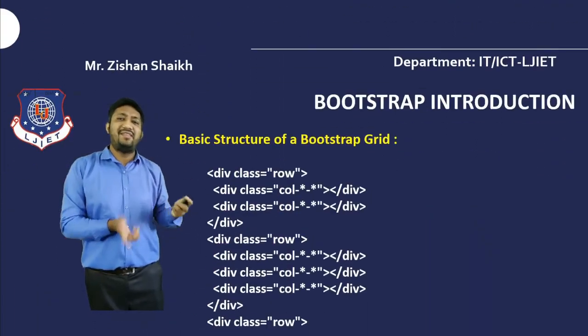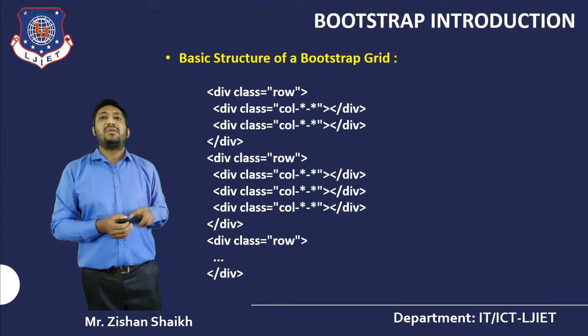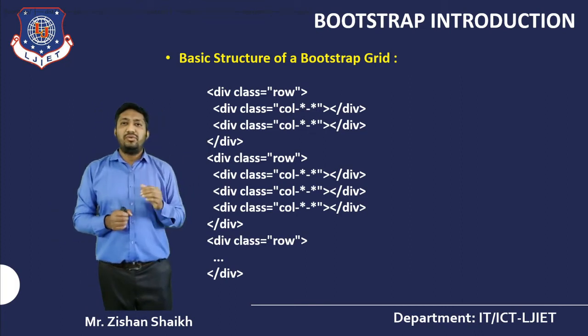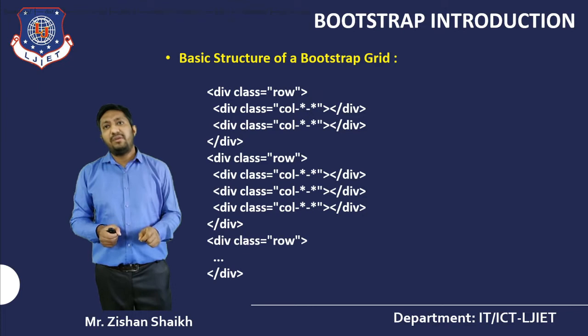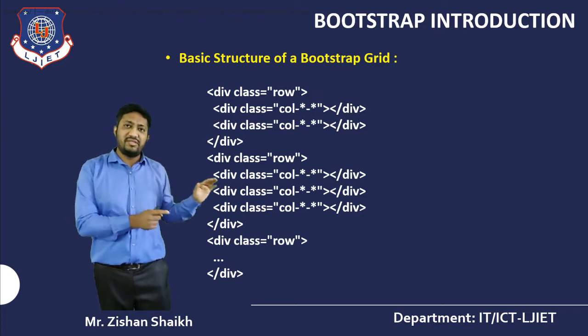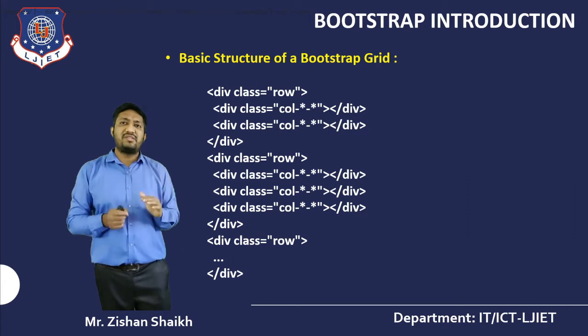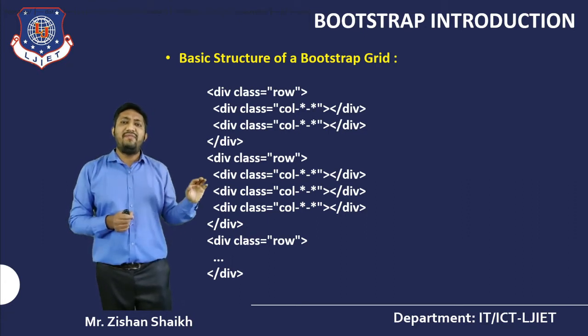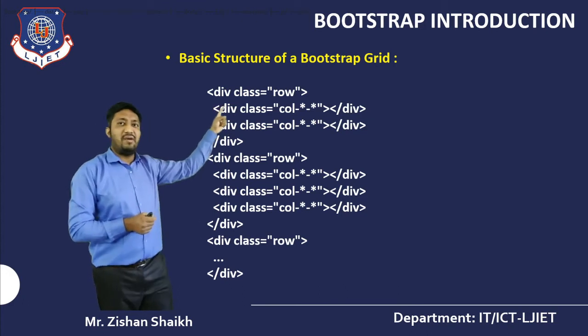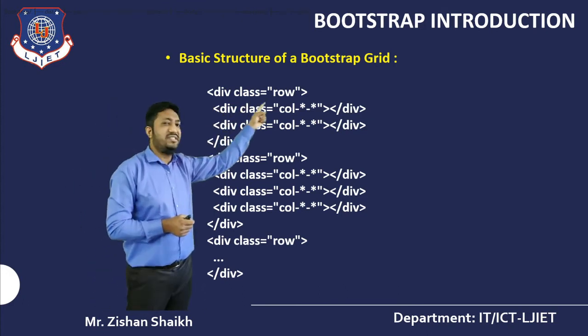But how can we write this in the code? For that we have to create a div. You are already aware of the division tag, and the division tag is responsible for doing this. Whatever we discussed about the grid system, for that we take a div class. In the div class, the first class is equal to row.